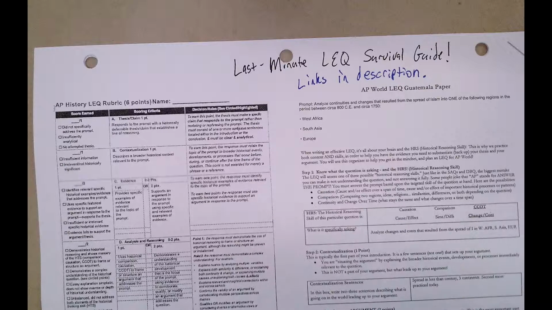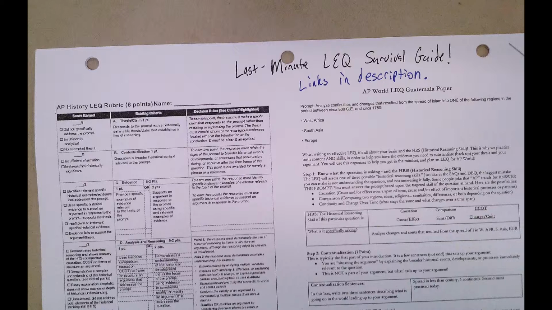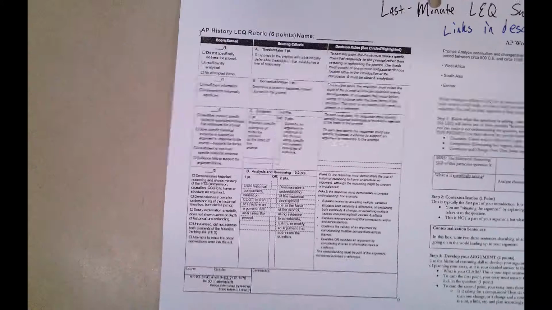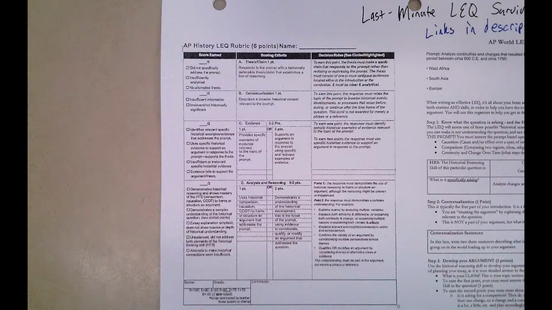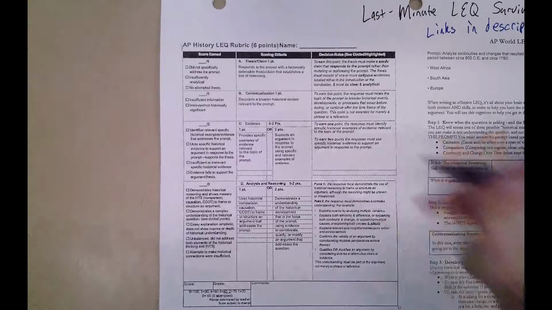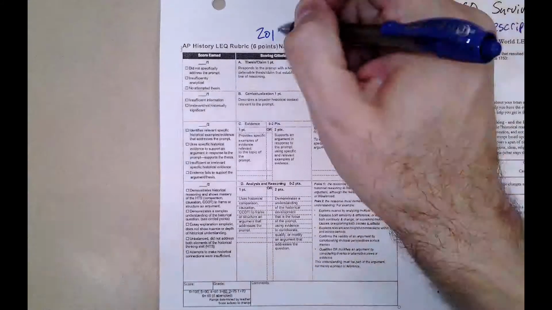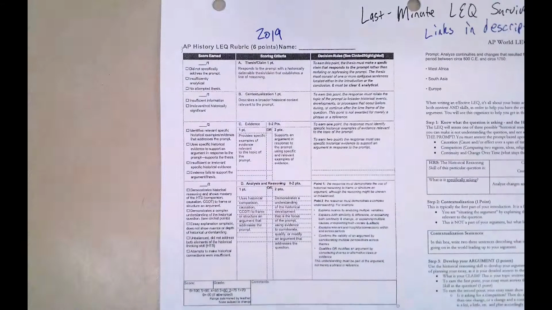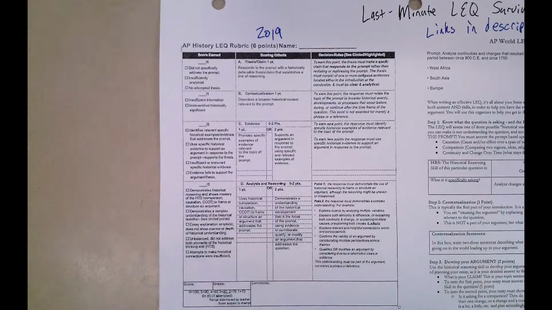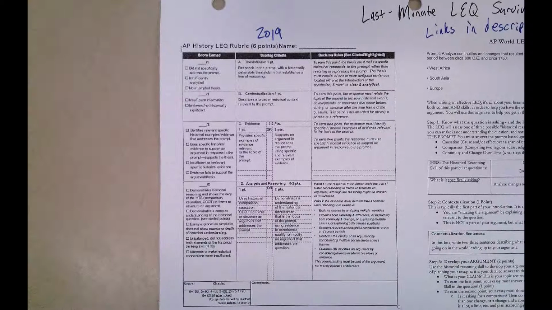Either way, this is a really good, helpful thing, and I'll walk you through what I'm going to show you for the next few moments. The first thing is a blurry, small-fonted version of the 2019 AP History rubric for the LEQ. It's the same for U.S. History, World History, and AP European History.